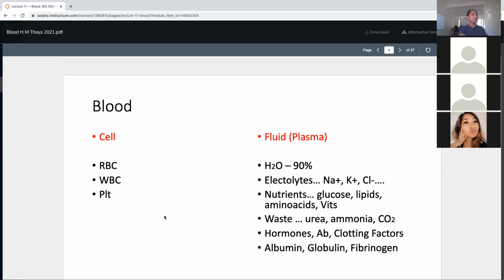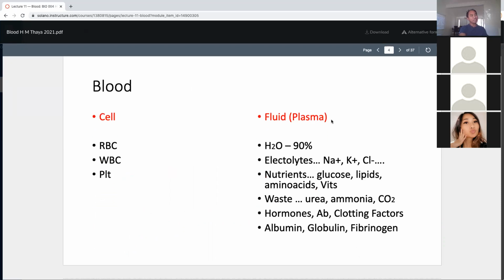So let's look at the fluid portion, plasma. Of course, it's fluid, so there will be lots of water, electrolytes like sodium, potassium, chloride, calcium. Nutrients: glucose, carbohydrate, fat, protein, like glucose, lipids, amino acids, vitamins. Waste products, urea, hormones, antibodies, clotting factors in the form of fibrinogen, globulin, and albumin for oncotic pressure.